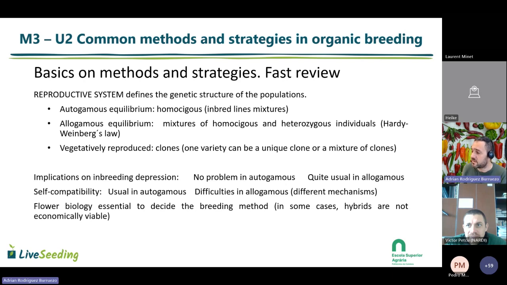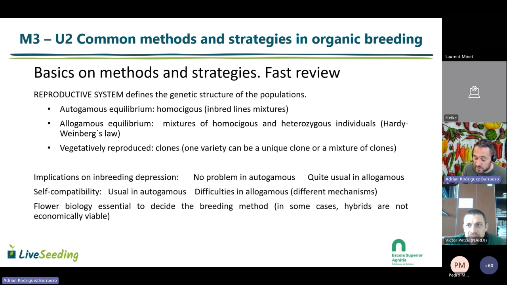Okay, inbreeding depression appears when you are selfing too much the individuals of your population, or your population is submitted, in some part of its history, to a genetic bottleneck where the genetic diversity is too narrow, and then many of the individuals are quite related, and then there's no other opportunity than crossing among them.